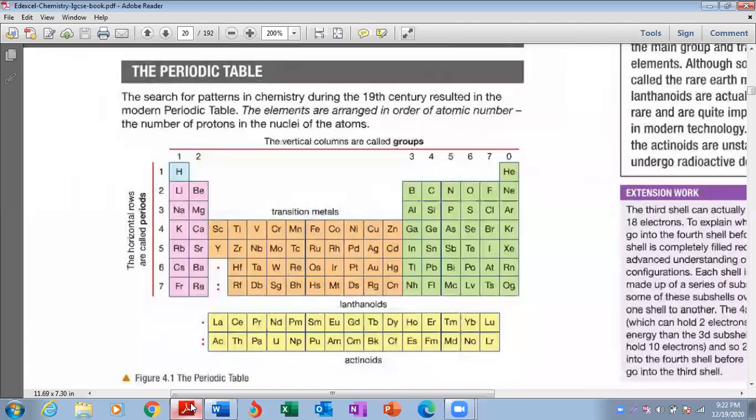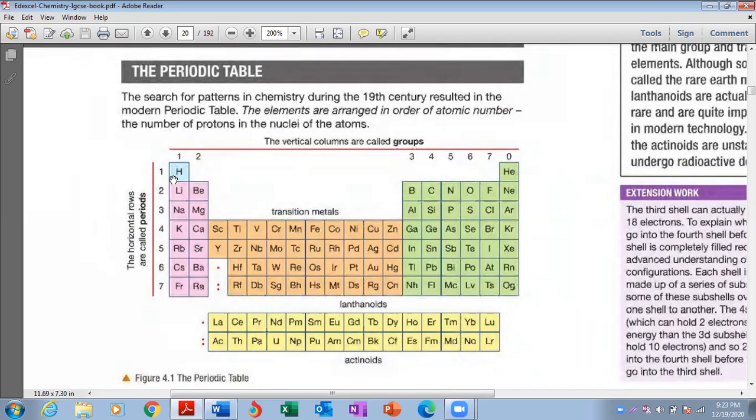Like in your book, look here, the atomic number or proton number of hydrogen is 1, then helium 2, lithium 3, beryllium 4, boron 5, carbon 6, nitrogen 7, oxygen 8, fluorine 9, neon 10, sodium 11, magnesium 12, aluminium 13.